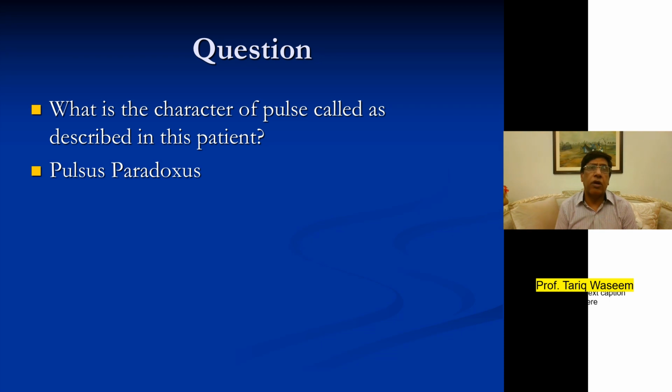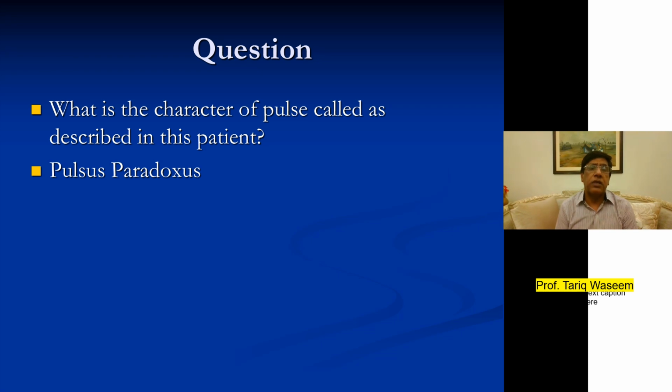So normally, if you record blood pressure during inspiration and expiration, you may have a slight decrease in systolic blood pressure during inspiration and a slight rise during expiration. The difference is not more than around 10 millimeters of mercury.